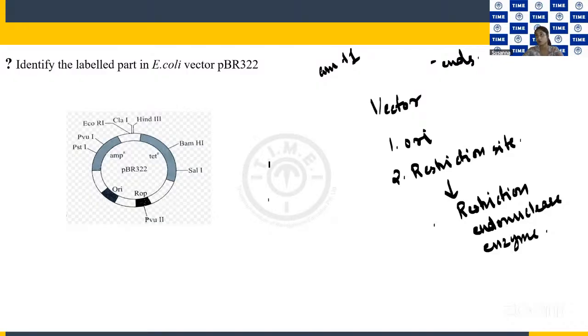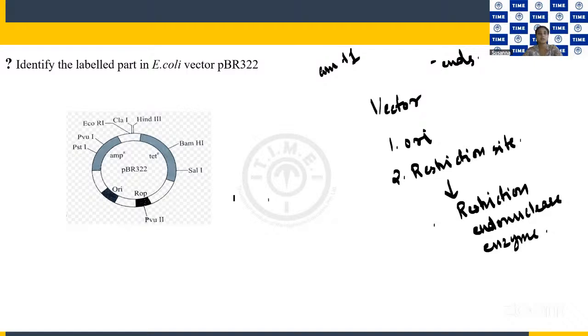When you consider the pBR322 vector, an E. coli vector, here the antibiotic resistance genes act as selectable markers. Specifically, two: the ampicillin resistance gene and the tetracycline resistance gene. We have these resistance genes there to identify whether our desired DNA has been incorporated into the vector or not.